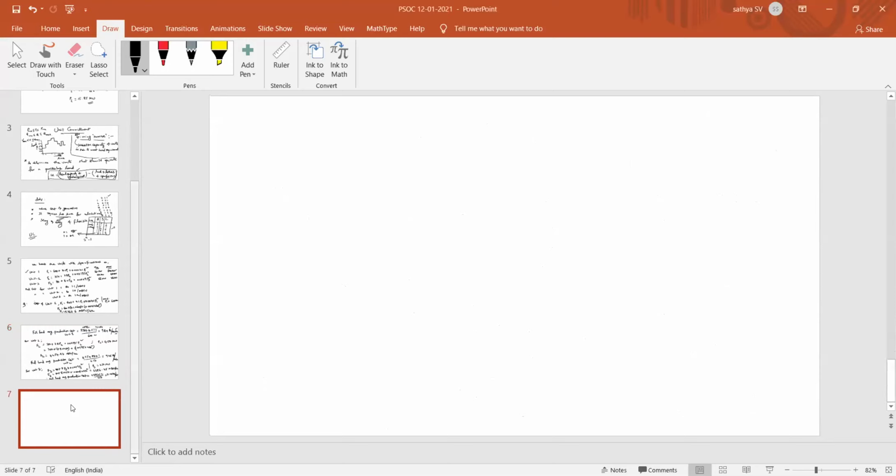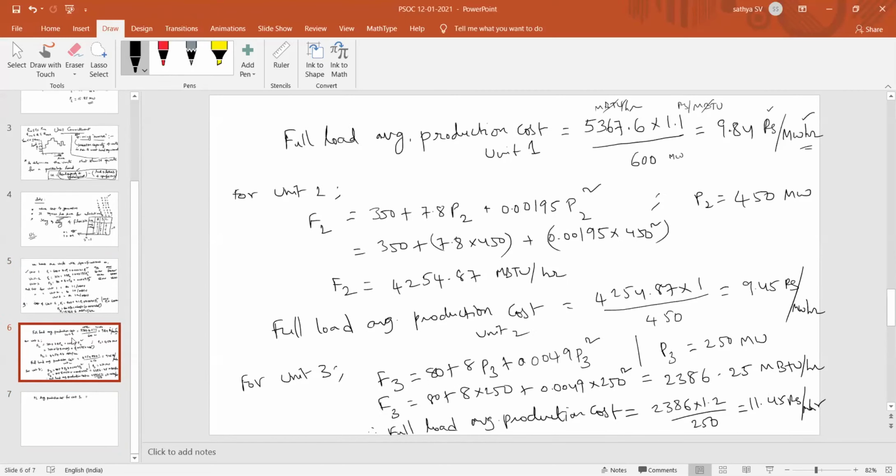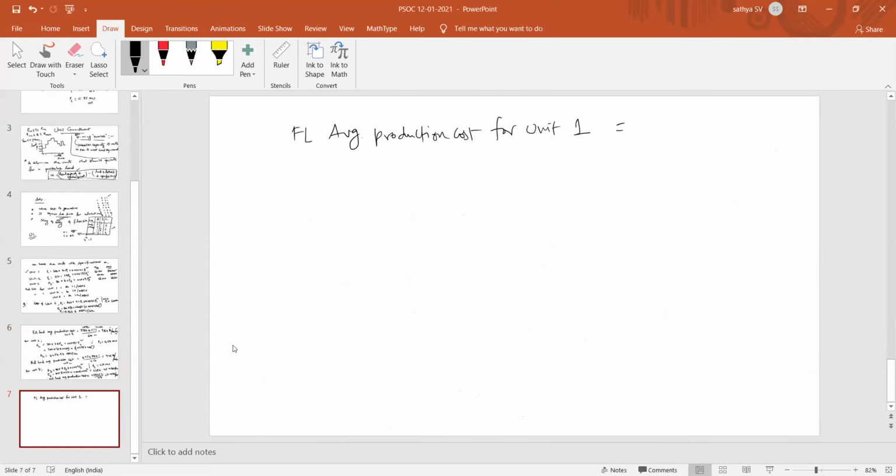So by observing that, what is the full load average production cost for unit 1? What is the value we obtained? 9.84, right? For unit 2, 9.45, right?